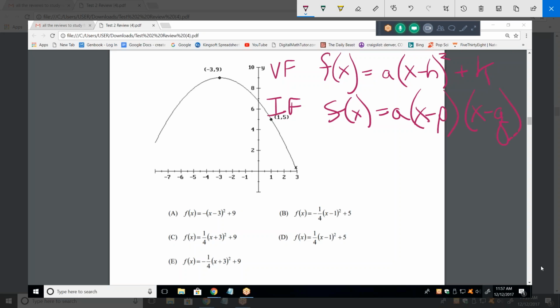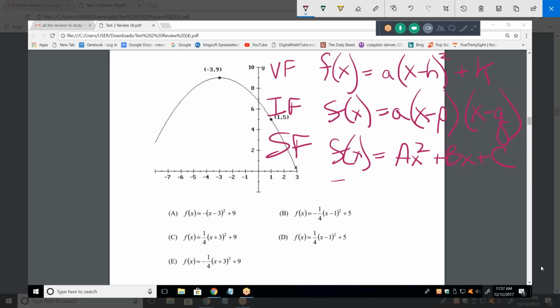P and q are the x-intercepts. In vertex format, h and k are the vertex. And in standard format, it's f of x equals a x squared plus bx plus c. You need to know all three of these.